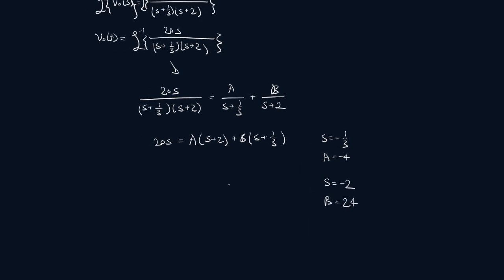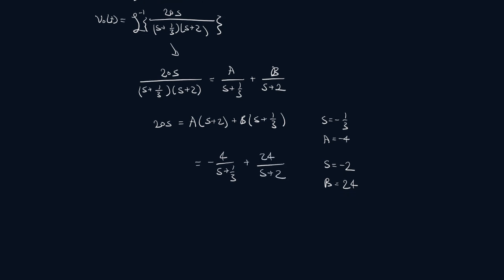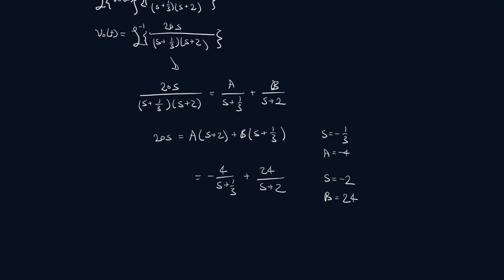So it's going to be minus 4 over s plus 1 over 3 plus 24 all over s plus 2. Now we just have to find the inverse Laplace of each of these. So we can do minus 4 inverse Laplace of 1 over s plus 1 over 3, plus 24 inverse Laplace of 1 over s plus 2.